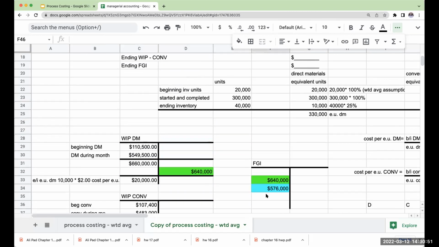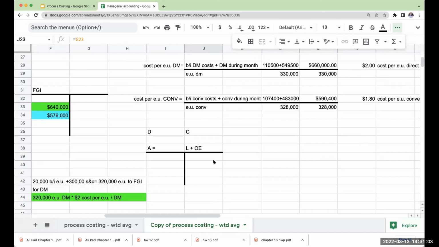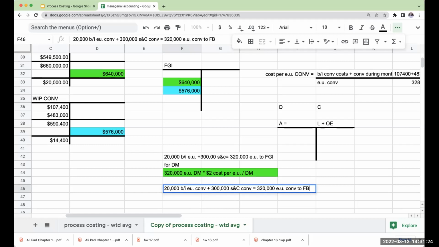Now, I'm saying to myself, well, Bennett, is this number correct? Well, let's figure it out. If I had 8,000 left, how many units did I transfer over to finished goods? It was my beginning plus the 300,000 that I started and completed. So 20,000 units beginning inventory equivalent units for conversion plus 300,000 started and completed for conversion is going to give me 320,000 equivalent units of conversion to finished goods inventory.